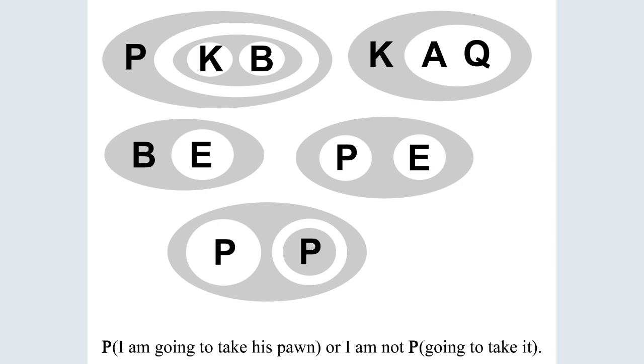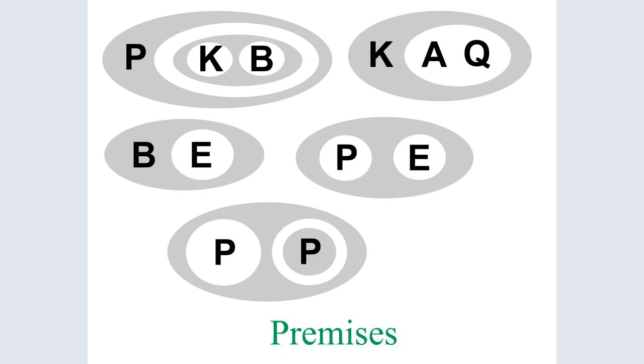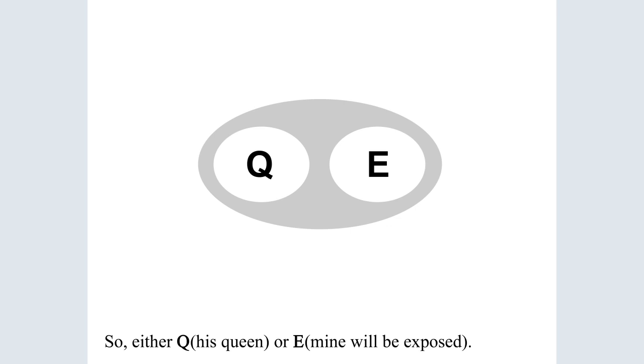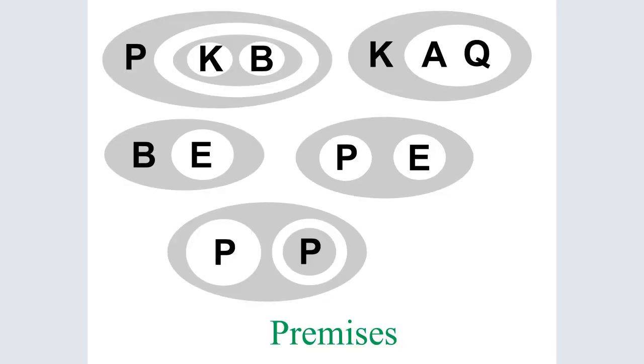Either not P or P. Those are our premises in existential graphs. The conclusion is, so either his queen or mine will be exposed, either Q or E. That wasn't too bad.